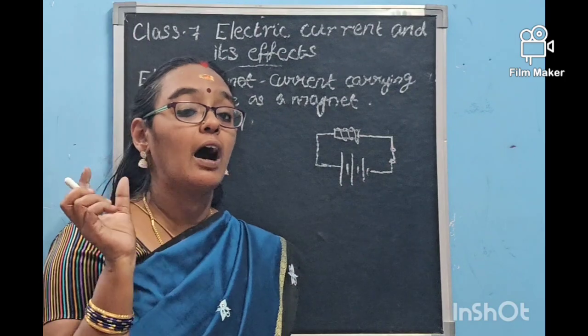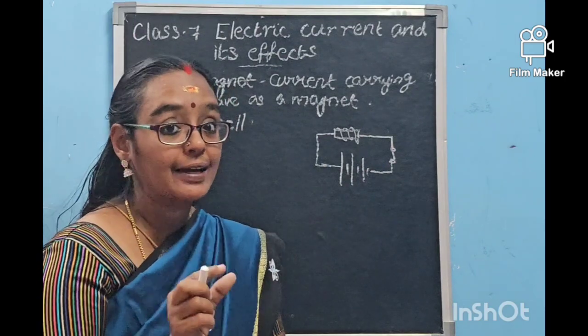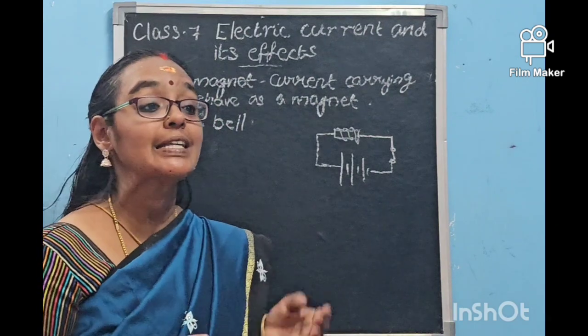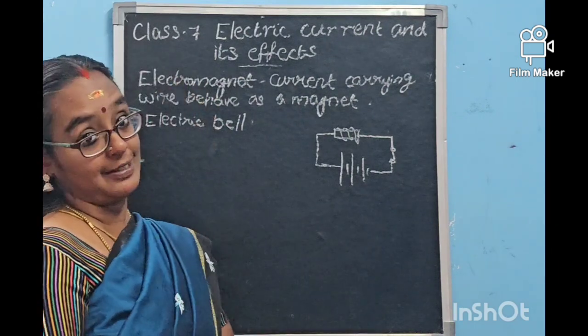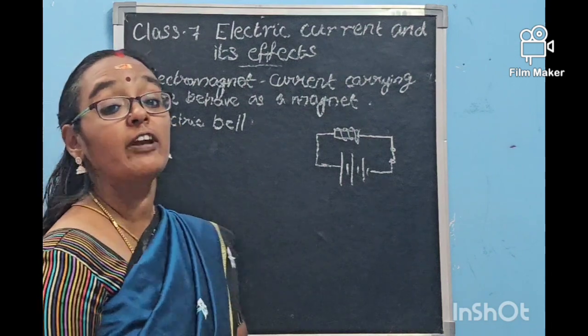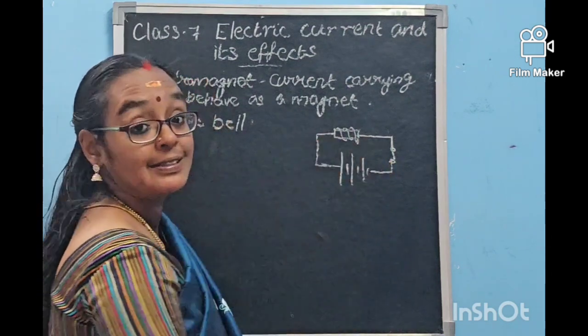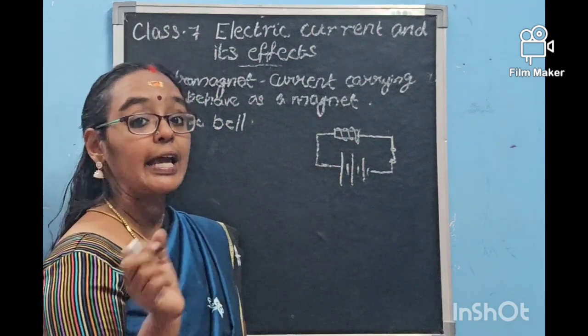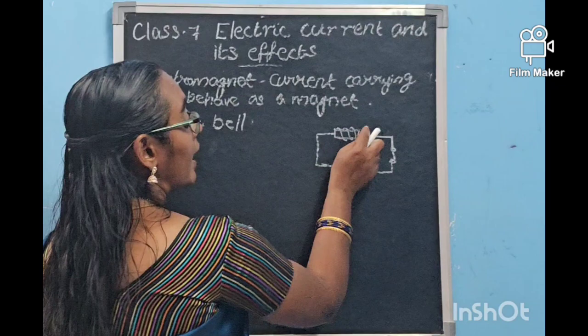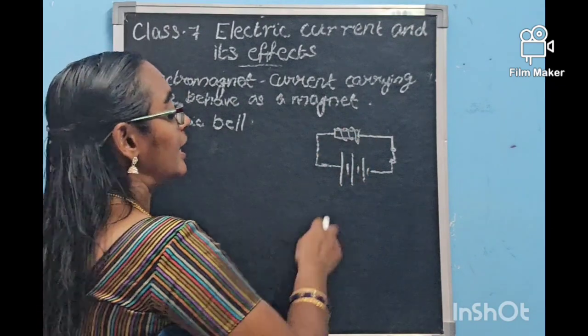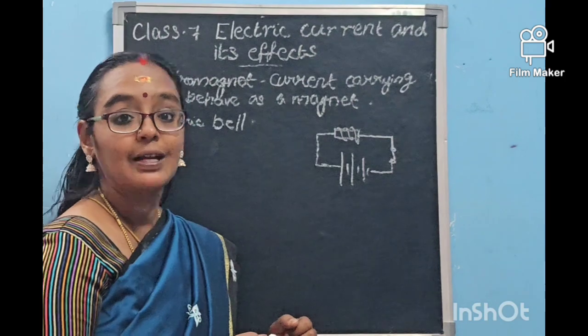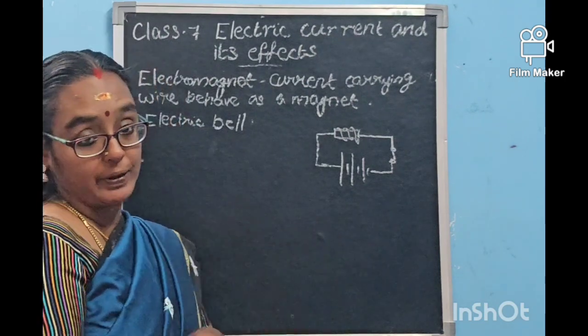If we keep a magnetic compass nearby, we can see a deflection in the compass. Also, if we bring a permanent magnet near, unlike poles will attract, and if like poles come close, they will show repulsion.